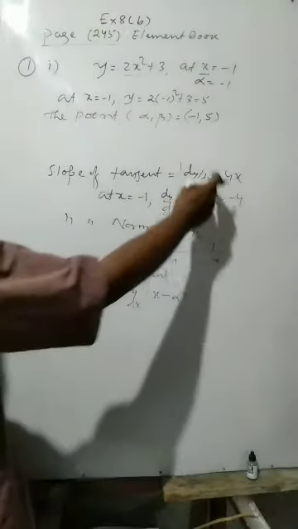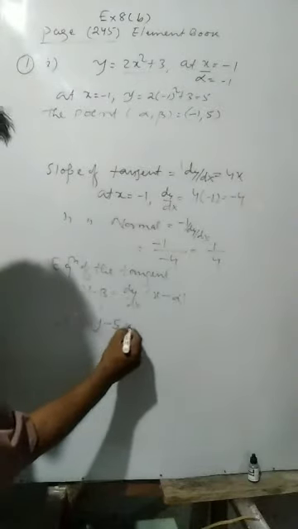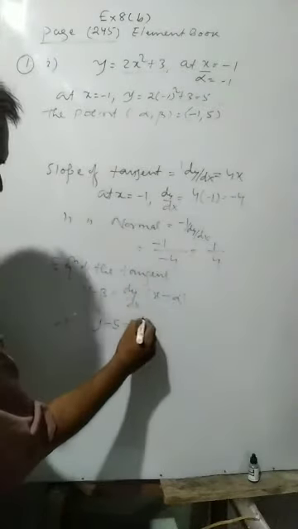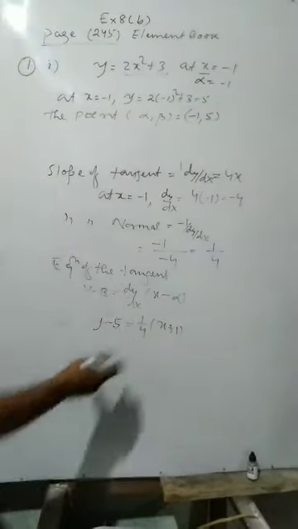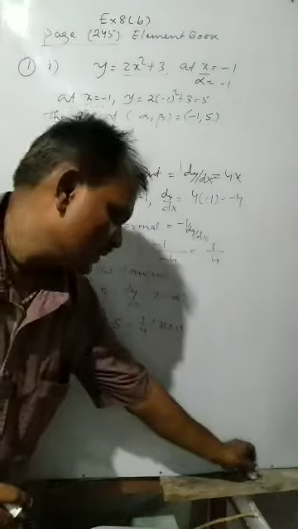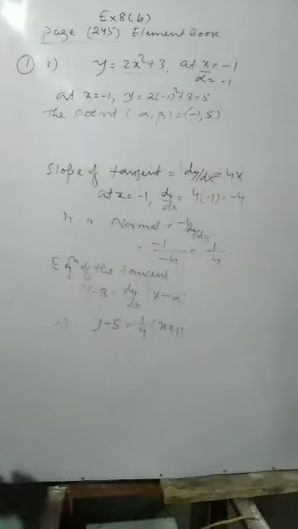y minus beta equals what? y minus 5 equals dy by dx, which is 1 by 4, into x minus alpha equals -1, so minus plus 1. Simplify and we'll get the equation of the tangent.